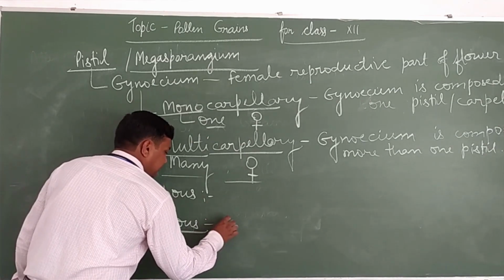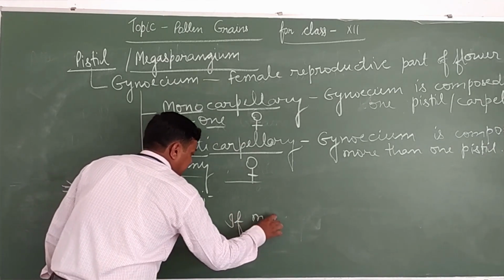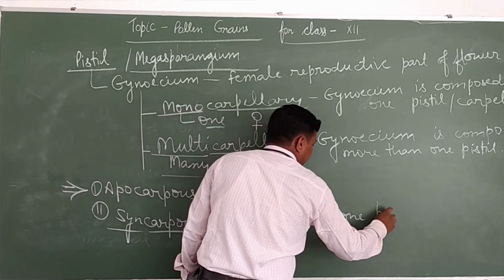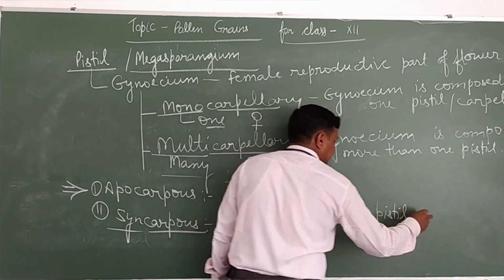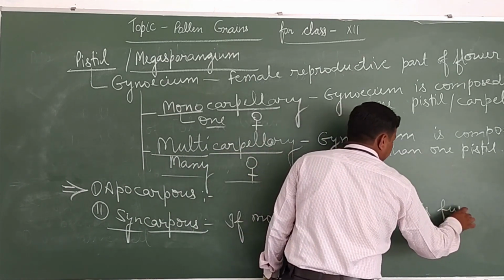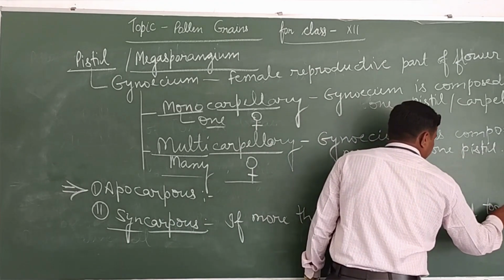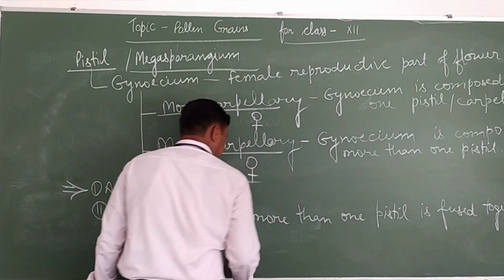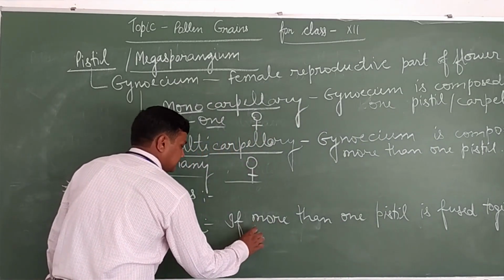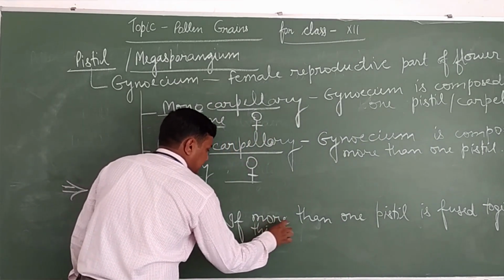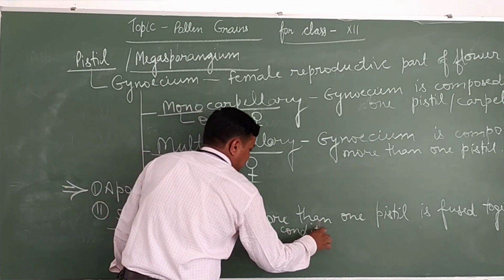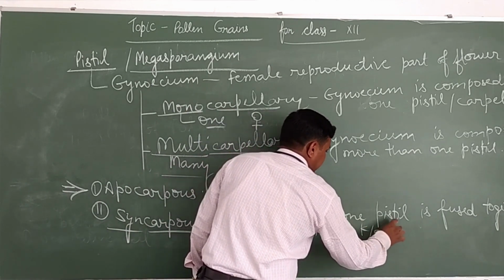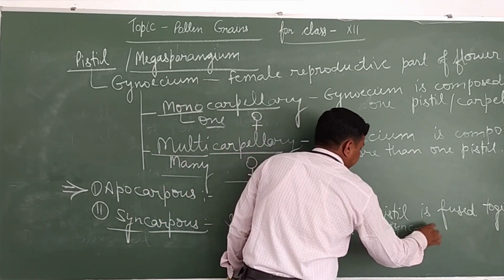If more than one pistil is fused together, then this condition is known as syncarpus.